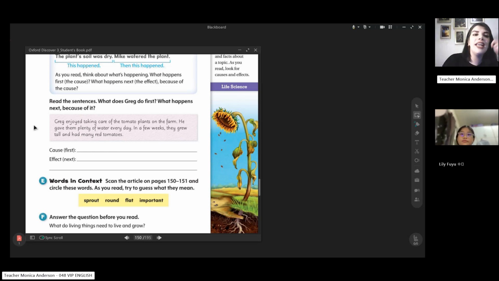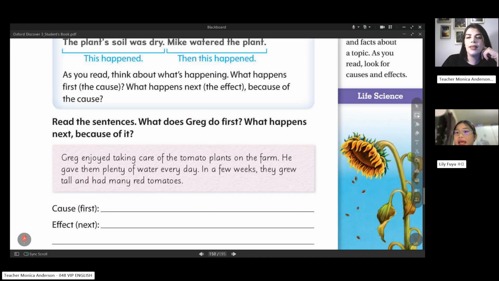And now look, Greg enjoyed. Could you read this one, please, Mary? Greg enjoyed taking care of tomato plants on the farm. He gave them plenty of water every day. In a few weeks, they grew tall and had many red tomatoes.